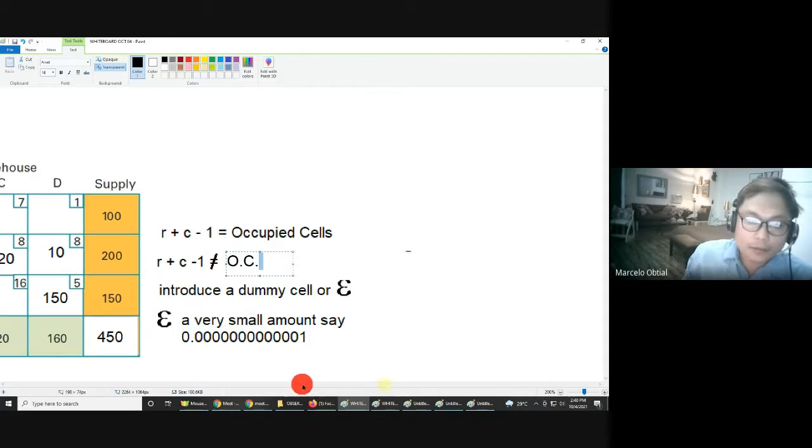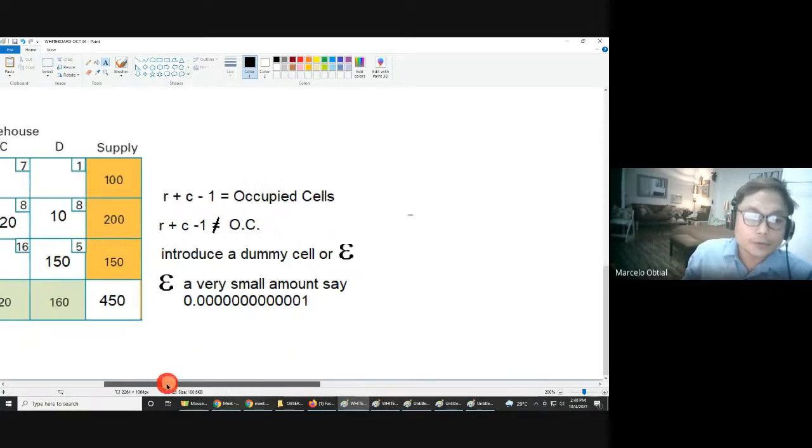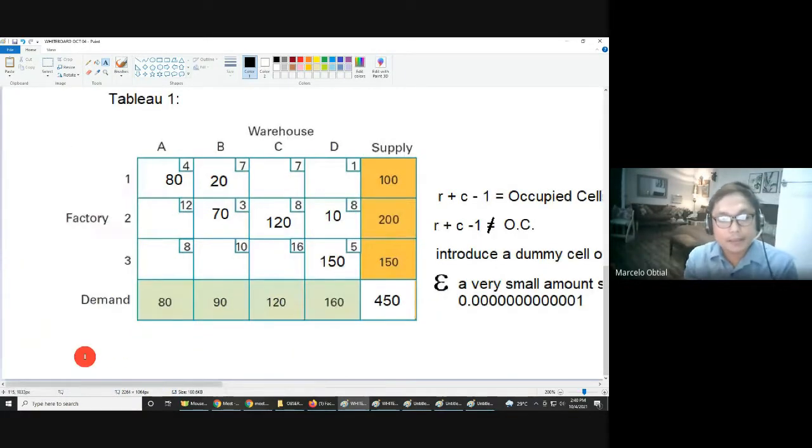Now dito na papasok yung ating bagong method, no? So in the stepping stone method, you are asked to create the closed path in every empty cell. Now, why are we doing this? We don't know yet kung nilagay natin dito na values are optimal or not.